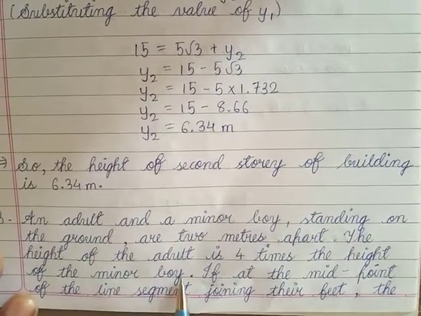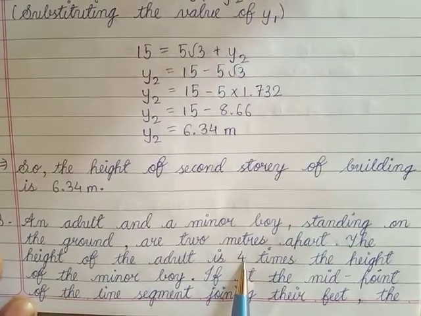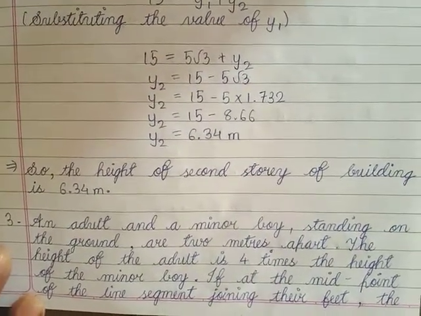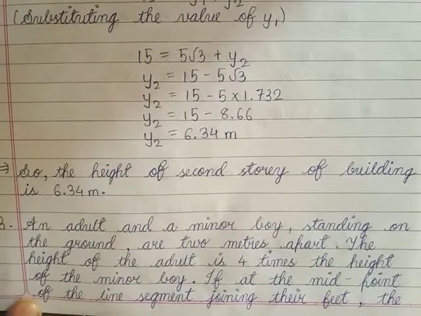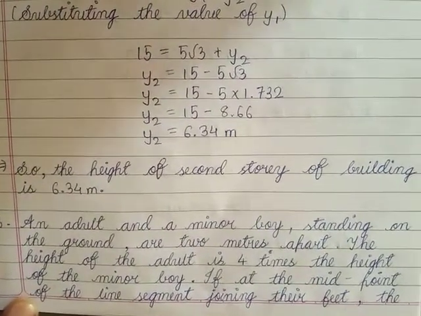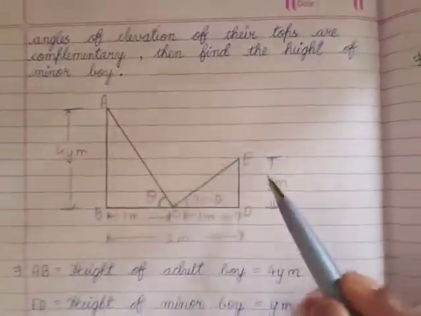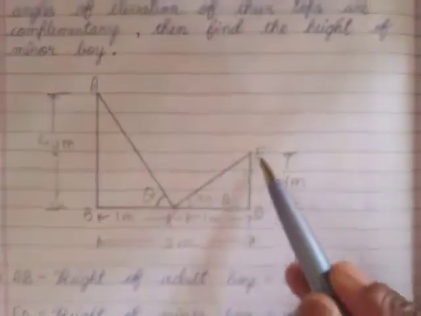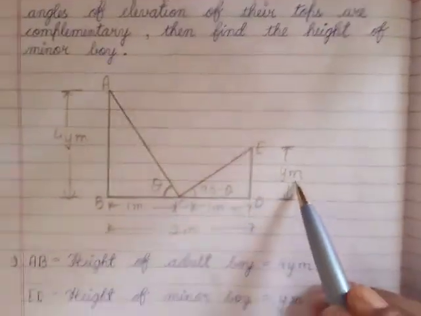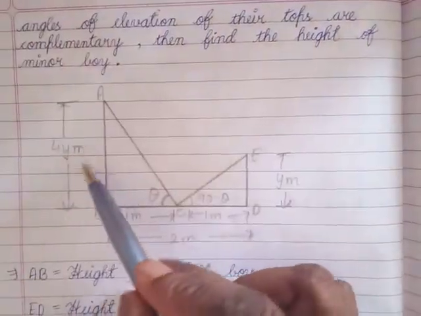If at the midpoint of the line segment joining their feet, the angles of elevation of their tops are complementary, find the height of the minor boy. Suppose the height of the minor boy ED is y meter, so the height of the adult will be 4y, because it is 4 times.